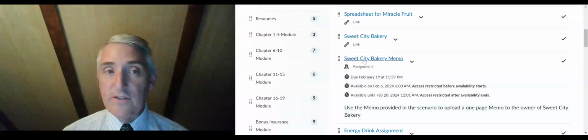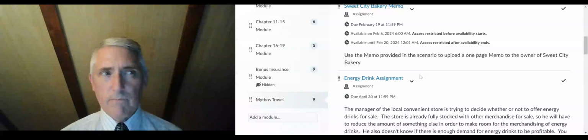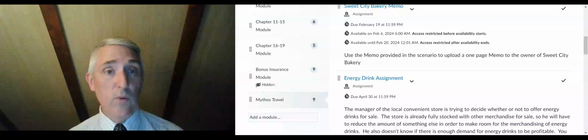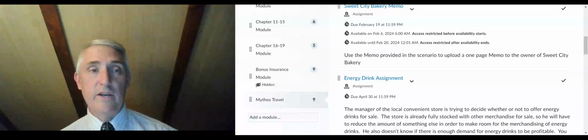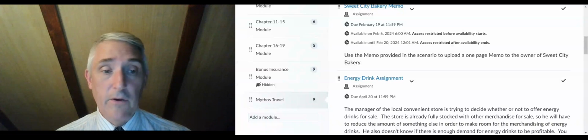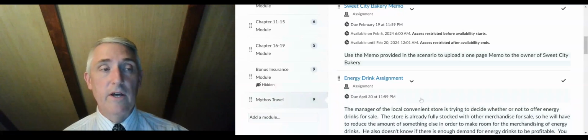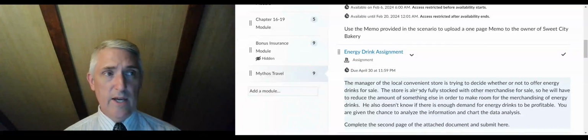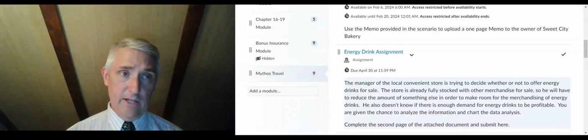And then the way this Mythos scenario is set up, you then get another opportunity because of you helping out the Sweet City Bakery. A friend of this bakery manager owner puts you in touch with the owner of a local convenience store, and he's trying to decide whether to put energy drinks up for sale in his market.